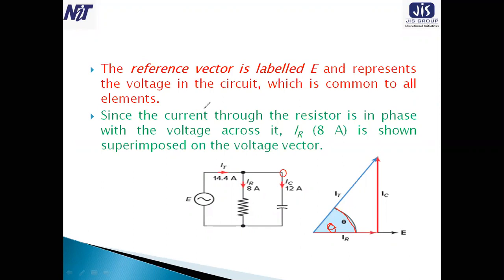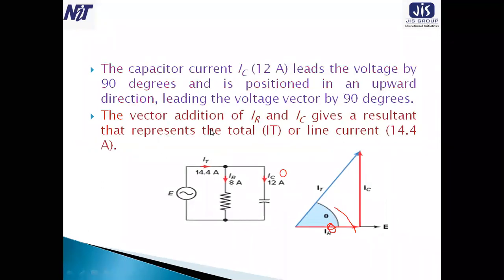Now, the capacitor current IC is 12 ampere. So here it is given that the capacitive current IC is 12 ampere. No doubt on this.